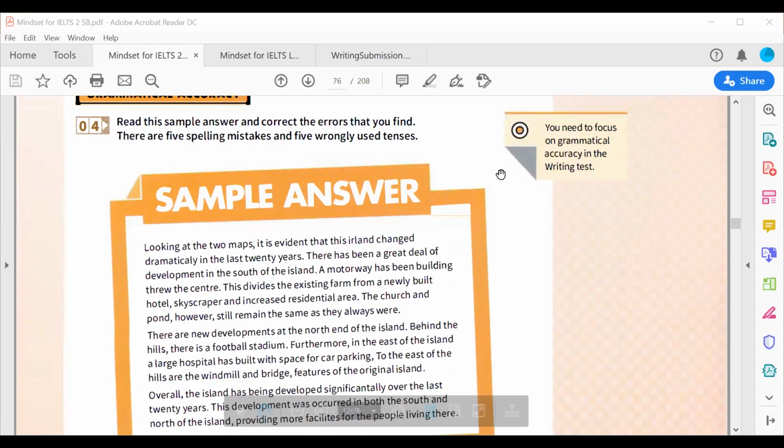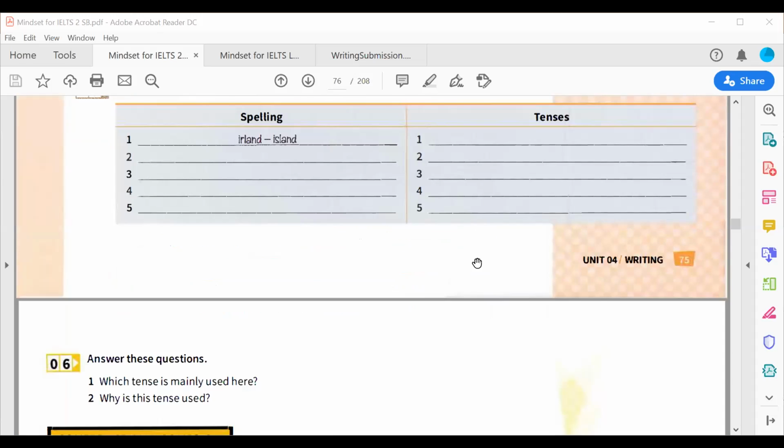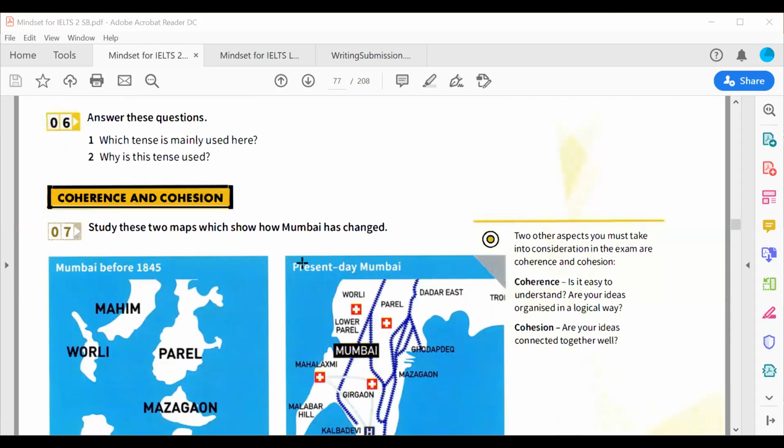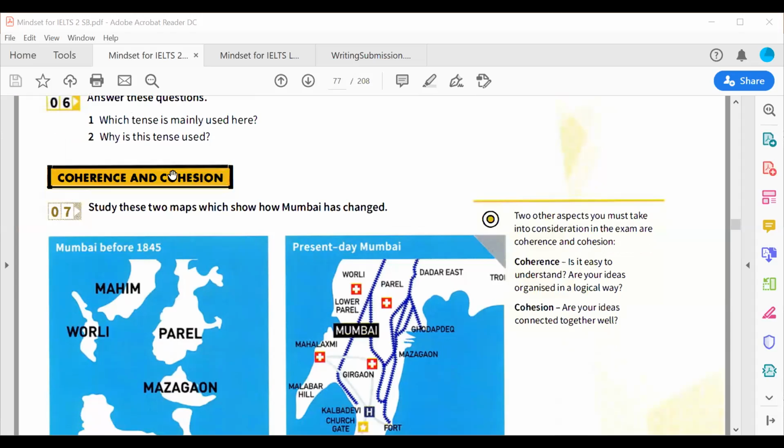So just be careful of that. As it says, you need to focus on grammatical accuracy in the writing test, of course.